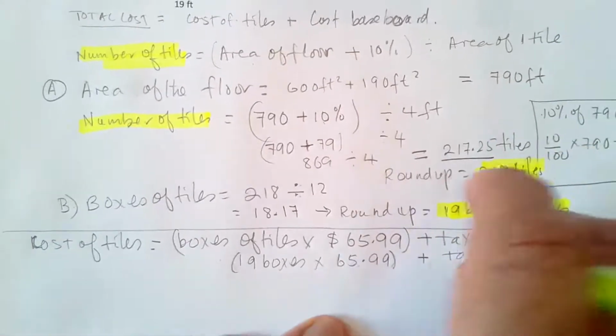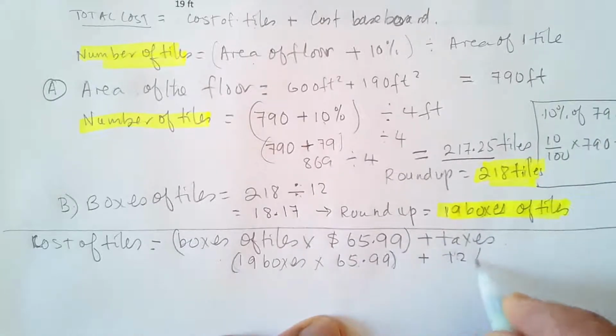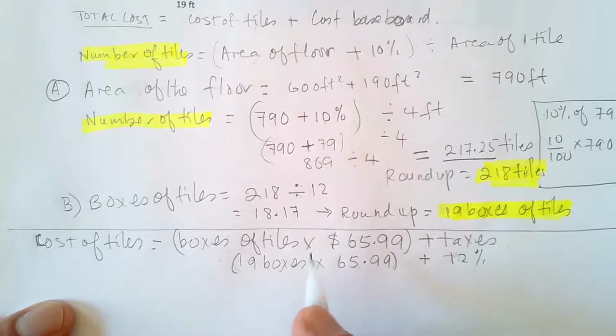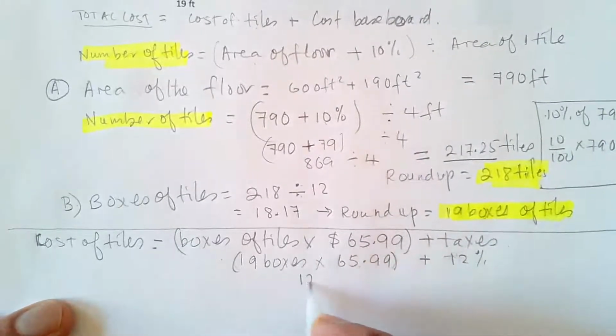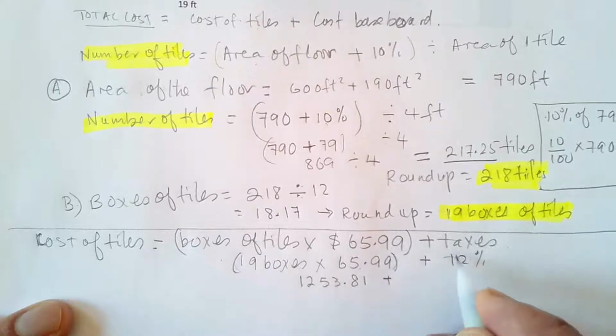By the way, it's 12% taxes. So 1253.81 plus your 12% taxes.